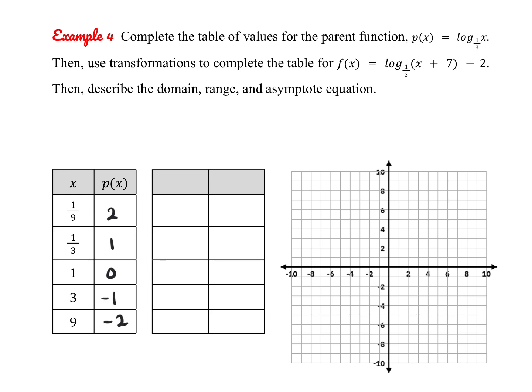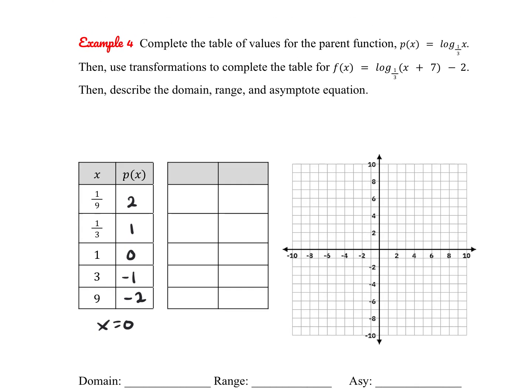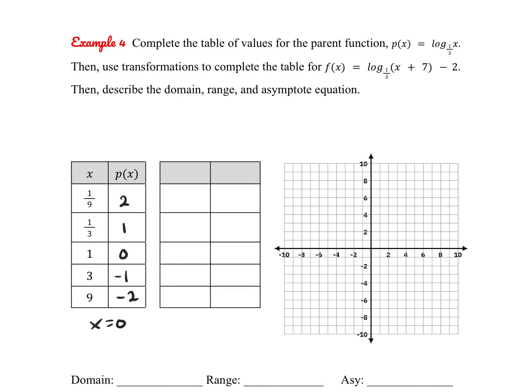And again, we do have a vertical asymptote at x equals 0. Please feel free to sketch this onto your axis if it helps you with this process. So then let's look at our transformations. Here I see a horizontal translation, and it's going to go left 7.